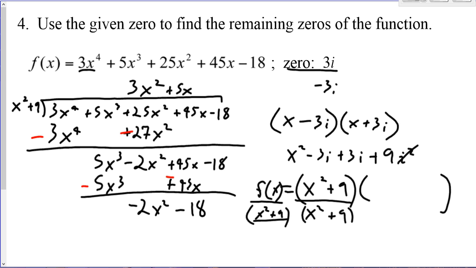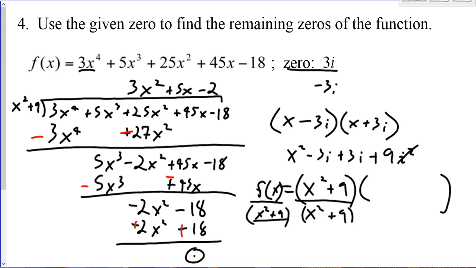So x squared times what is negative 2x squared? That's minus 2. Minus 2 times that, minus 2x squared, minus 18. Change my signs, add them up, and I get a remainder of 0. So that does show that x squared plus 9 is a factor of f of x.